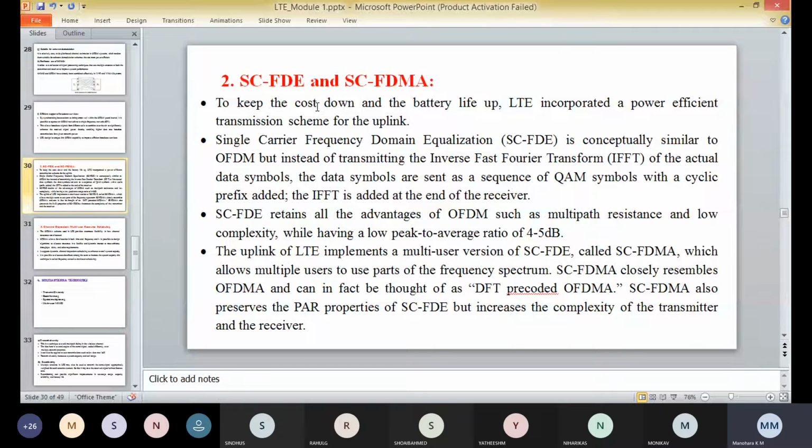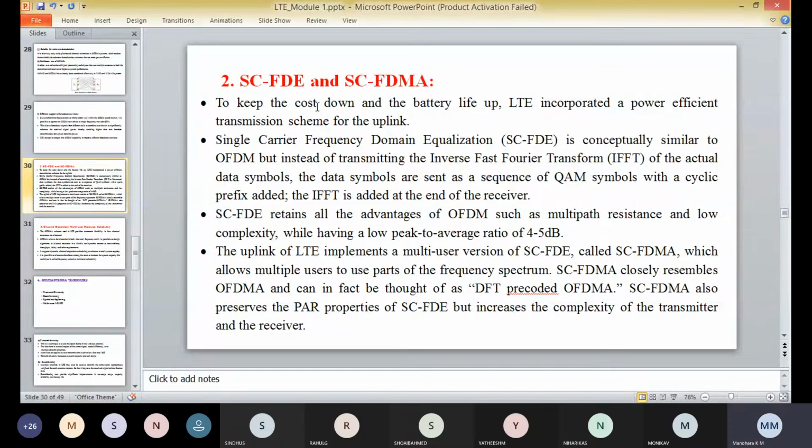Single carrier frequency domain equalization, that is SCFDE, is conceptually similar to OFDM, but instead of transmitting the inverse fast Fourier transform, that is IFFT, the actual data symbols are sent as a sequence of QAM symbols with a cyclic prefix added.